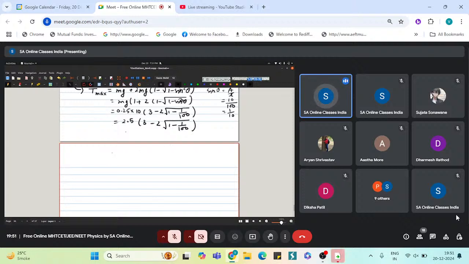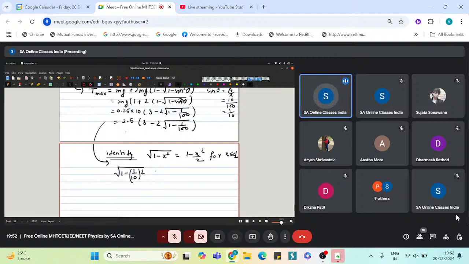But if not, you can also use an identity, if you can remember it: root of 1 minus x square is approximately equal to 1 minus x square upon 2, and this holds when x is very less than 1. In this case, our term is 1 minus 1 upon 100, or 1 minus 1 upon 10 square.